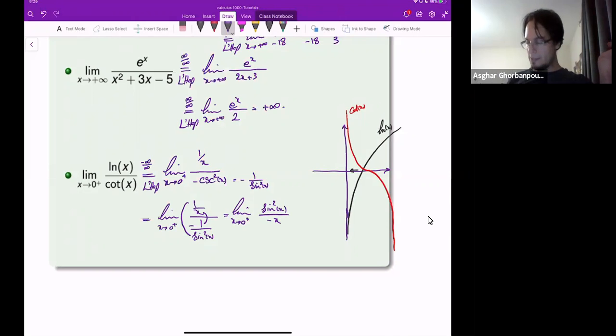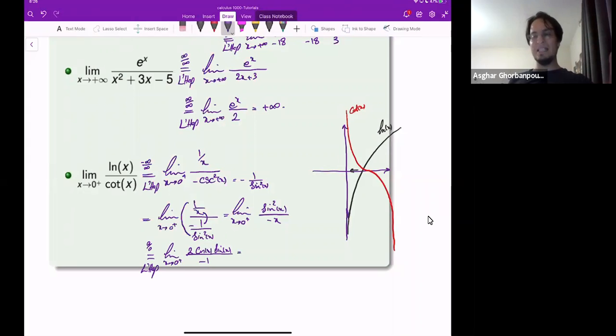Now you have 0 over 0. These are good functions, and I can use L'Hopital's rule. And that will give me 2 cosine x sine x over -1 as x goes to 0 plus.